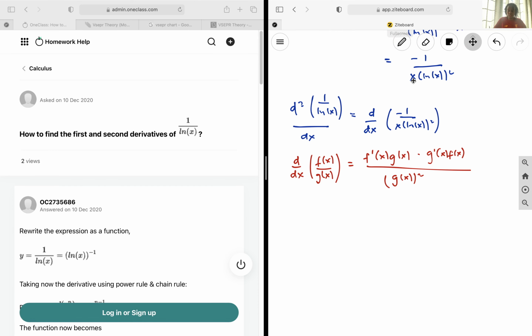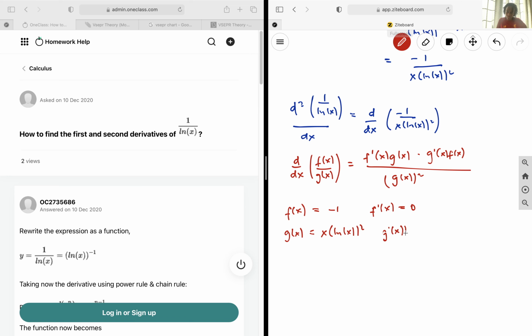And so now let's find all of the numbers that we need on the side, and then we're just going to plug them back into the equation. We know that f of x in our scenario is equal to -1, which means that the derivative is going to be equal to 0. g of x is equal to x ln x squared.